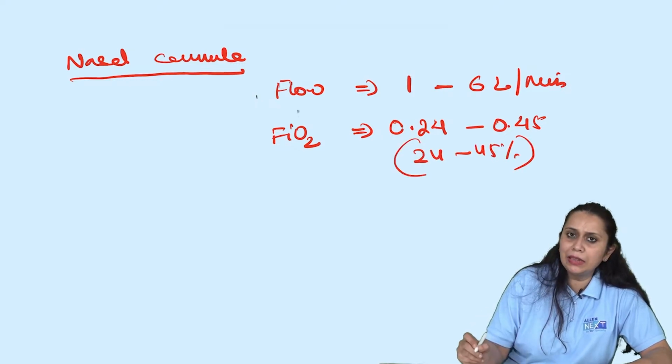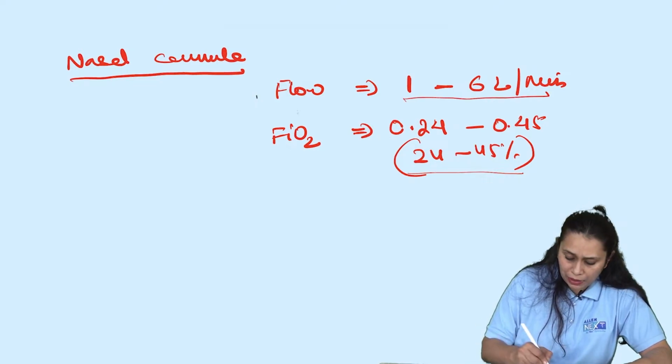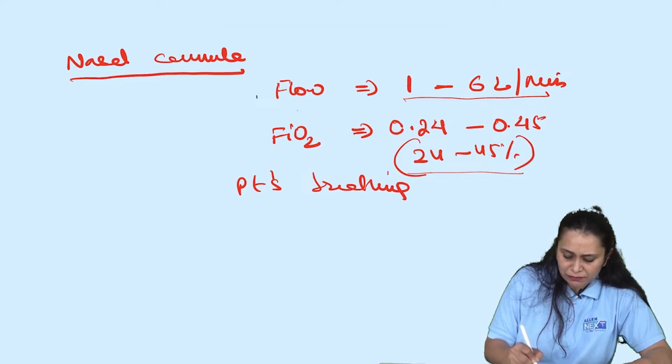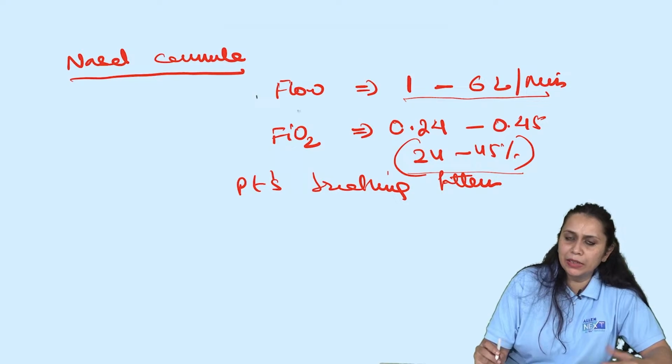So how will this FiO2 be achieved? It depends upon the flow and upon the patient's breathing pattern, right? Now, very important, how is the FiO2 calculated in nasal cannula?